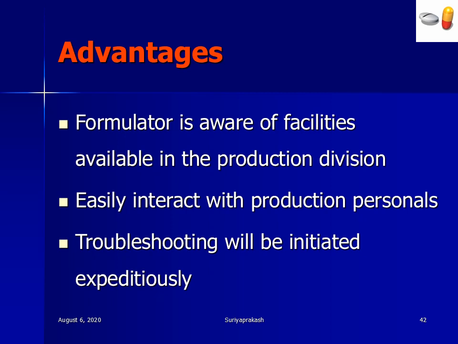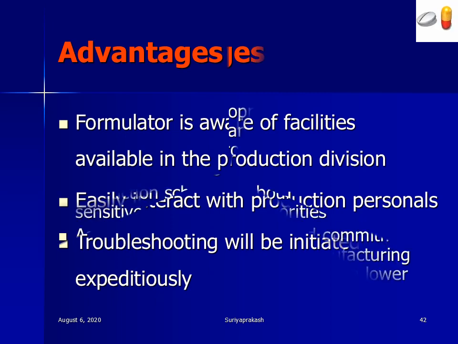Daily, as usual, they switch on the machines, and they know everything about them. So they did not have to do anything different because of the new product, and they easily interact with production. If any problem comes up in the pilot plant, they can talk with their own colleagues: this is the problem I'm getting with this new ingredient, what shall we do? They will offer the solution and correct it then and there. Troubleshooting will be done immediately by themselves. They do not have to wait for R&D people, right?